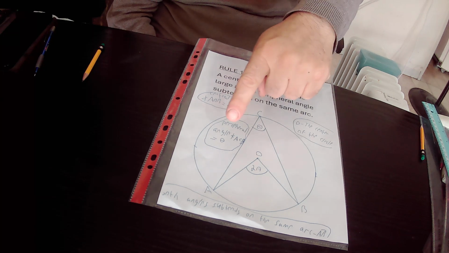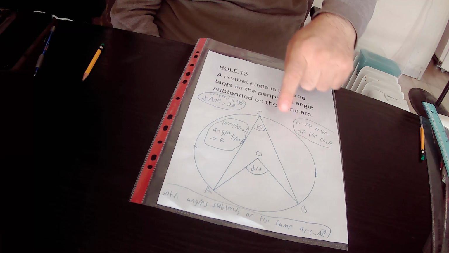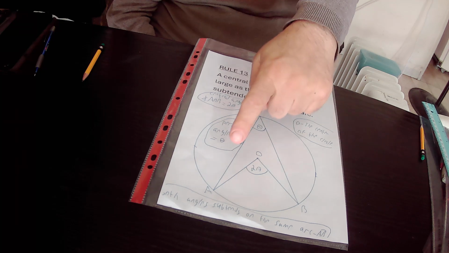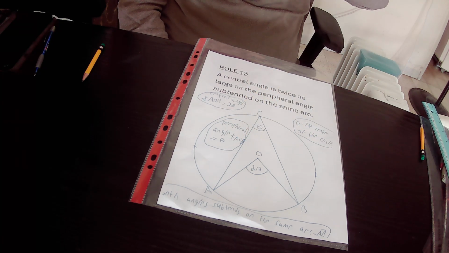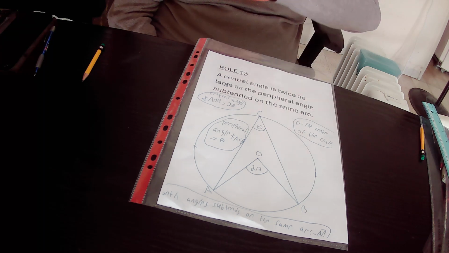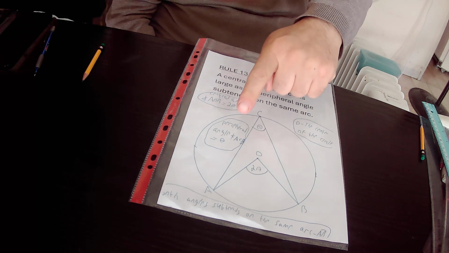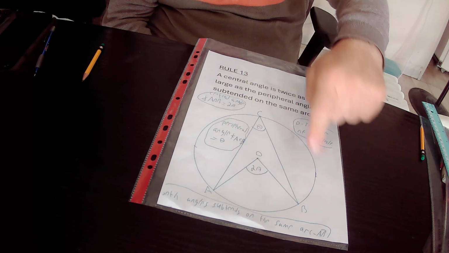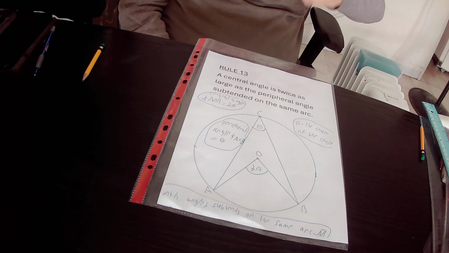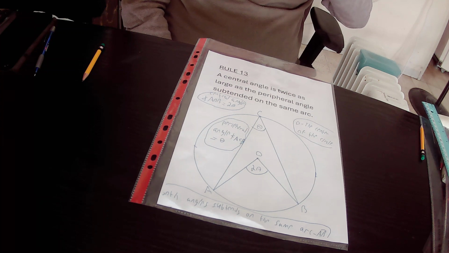And because the peripheral angle ACB is equal to 30 degrees in its size, the central angle AOB must be equal to 2 theta, because it is also subtended on the same arc AKB. Okay, so the central angle is twice as large as the peripheral angle that is subtended on the same arc.